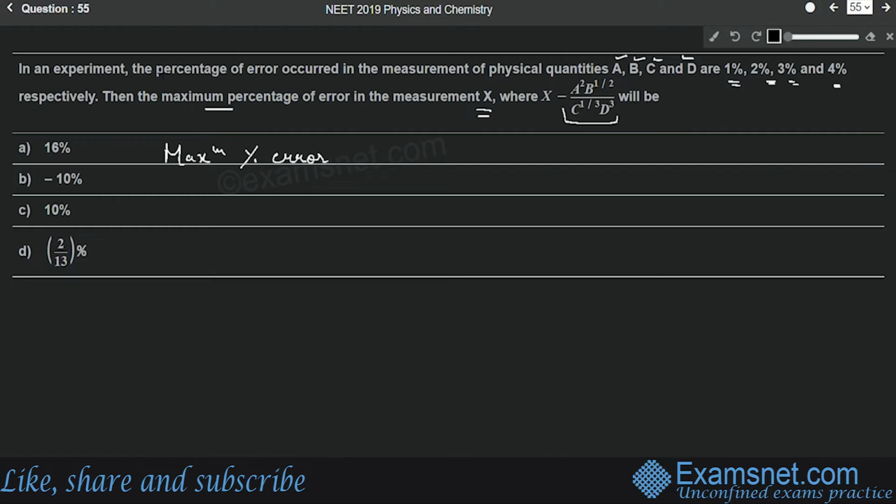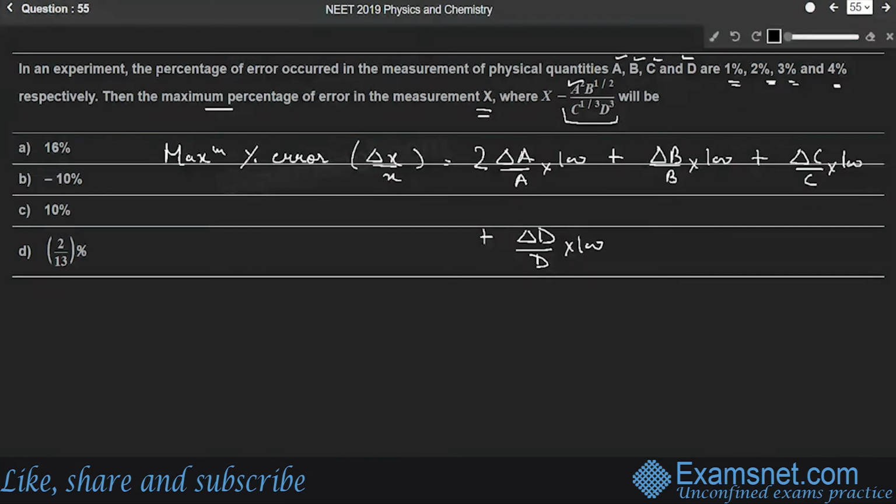So maximum percentage error, that means delta X by X, will be equal to the sum of the percentage errors, that means delta A by A into 100, this is the percentage error of A, plus delta B by B into 100, that is percentage error of B, plus delta C by C into 100, that is the percentage error of C, plus delta D by D into 100, that is percentage error of D. Now here we can see we have A square, that means the percentage error of A will be twice.